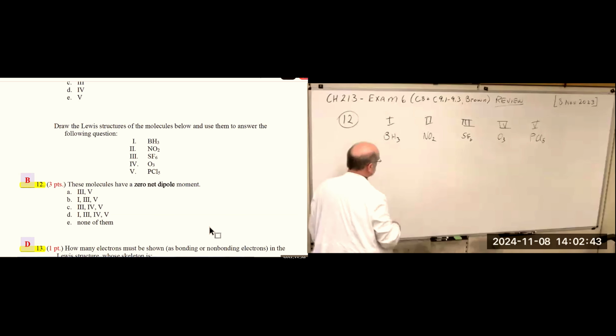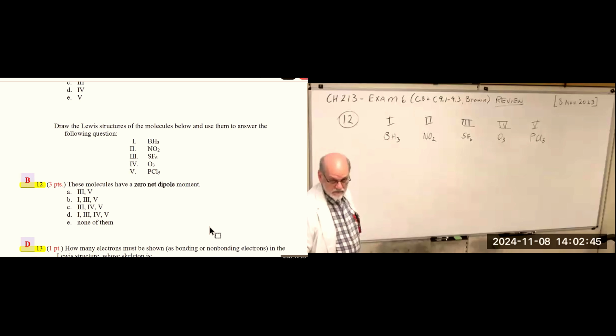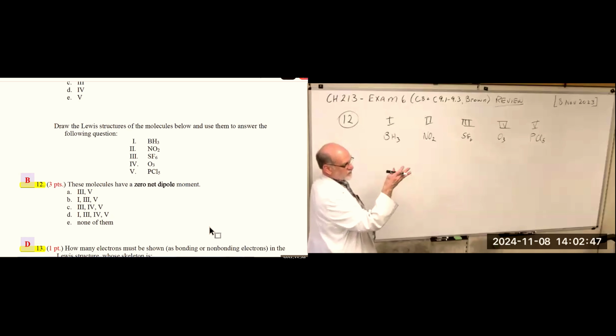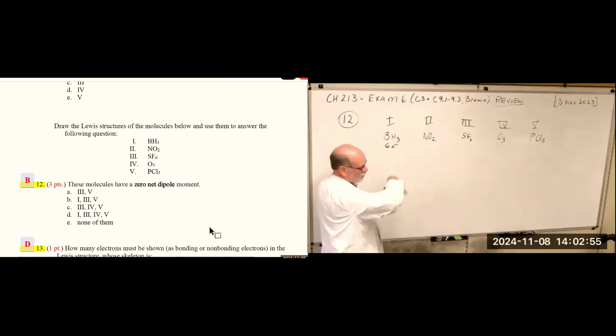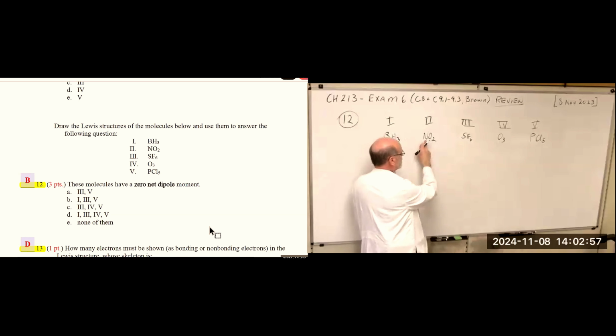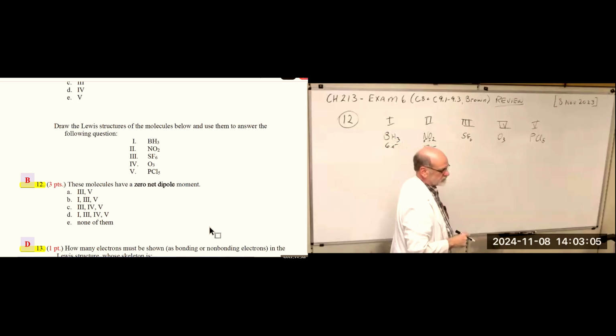Okay, so we know how to draw the Lewis dot structures, right? Boron has 3 valence electrons and 1 each for the hydrogens gives us 6 total. I'm going to do the valence electrons first and then go back. Nitrogen has 5 and 2 times 6 is 12, so it's 17 electrons for that.